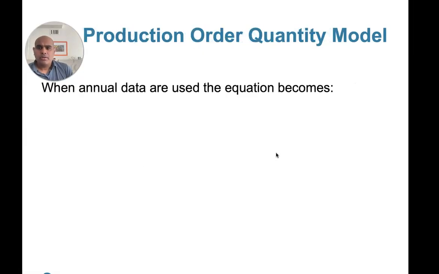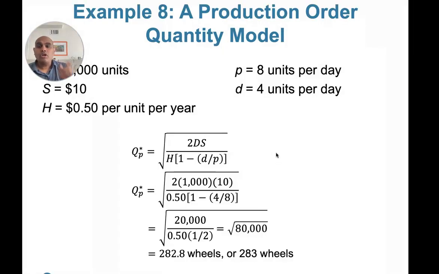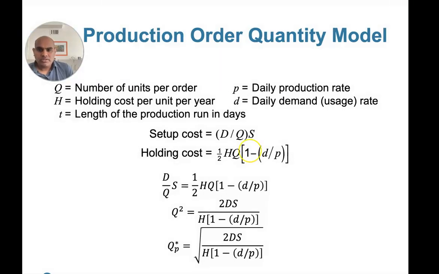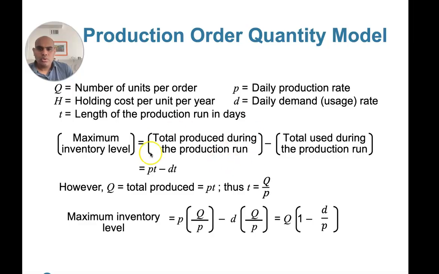Now, we can calculate other things too in this case. For example, how long were we doing the production? Remember the production cycle time. The formula for that was T equals Q over P. We decided that Q was 283 and we know that P is 8.